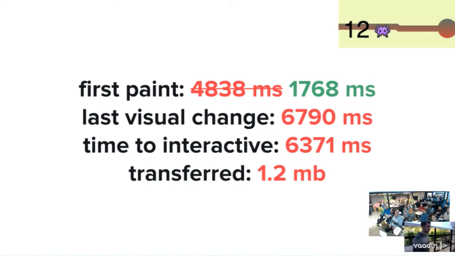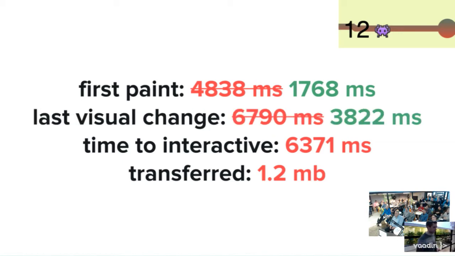But yeah, last visual change, it was 6.7 seconds. Who here thinks it's less than 1, less than 2, 3, 4? Okay, so people are answering 3 or 4, over 5. Yeah. So it was only 3.8 seconds. So now it only takes 3.8 seconds for all the images and all the resources to be loaded.